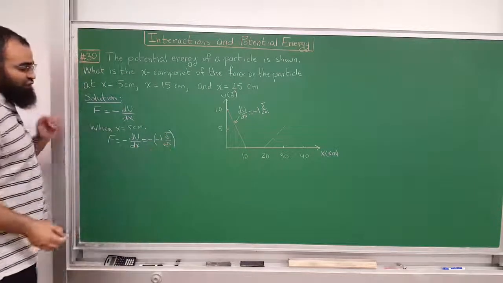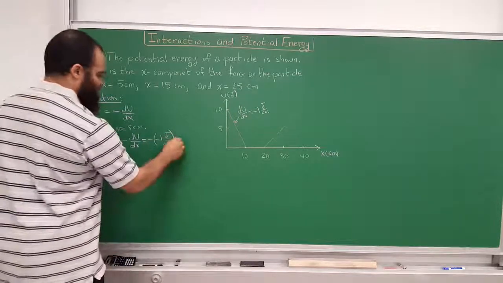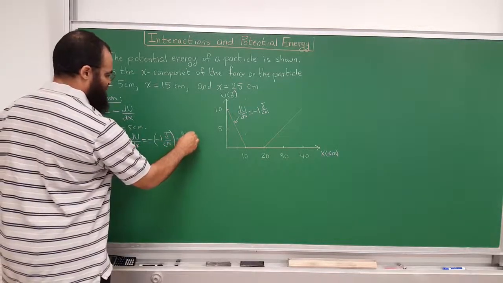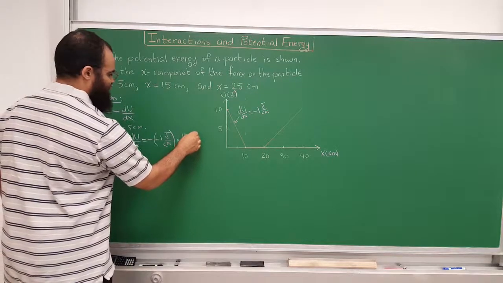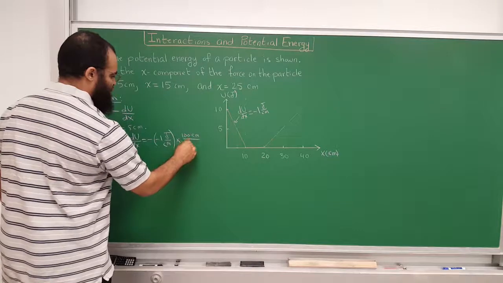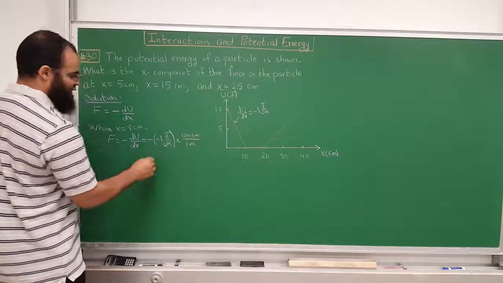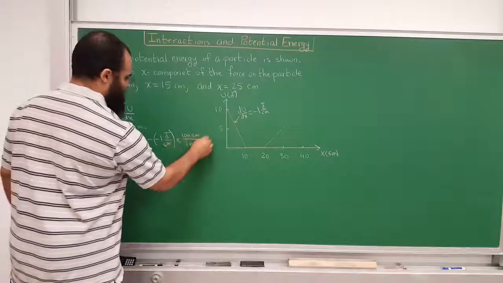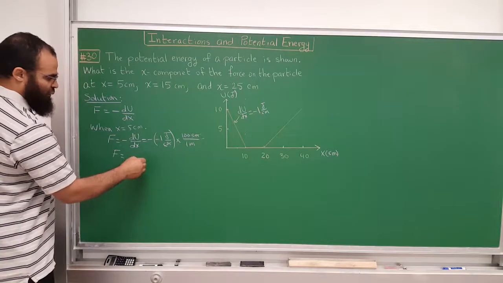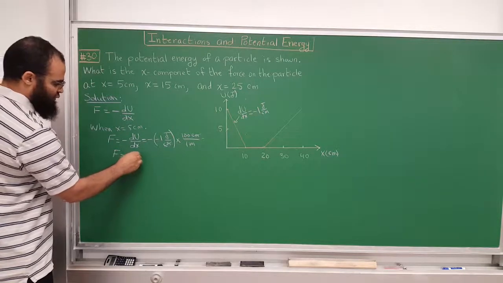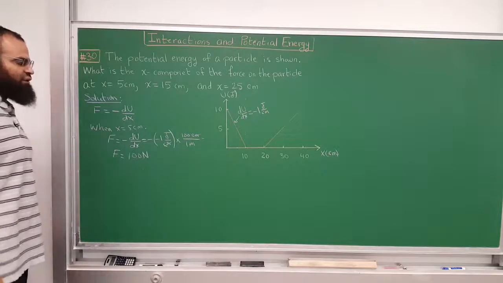But we need joules per meter to get the force in newtons. So times 100 centimeters for every 1 meter. Centimeters cancel, minus minus is a plus, and so the force would be positive 100 newtons.